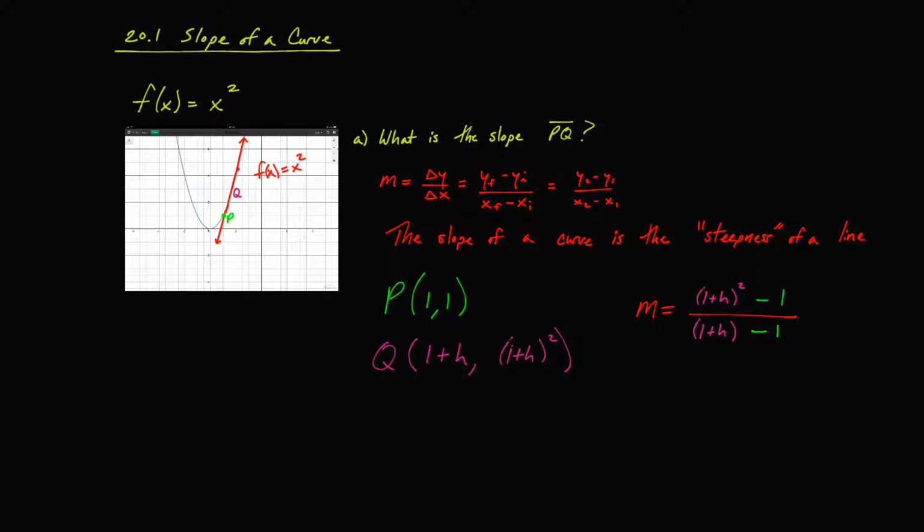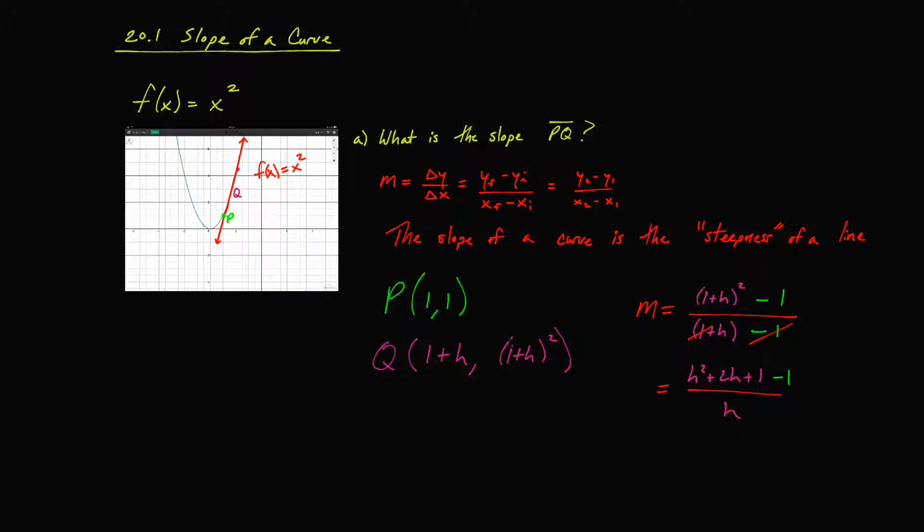Now we're going to simplify this further and say that in this case these will cancel out, and you're left with a setup of the following. This is now equal to h squared plus 2h plus 1 minus 1 over the whole thing, which is h.